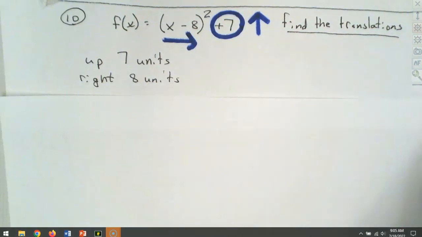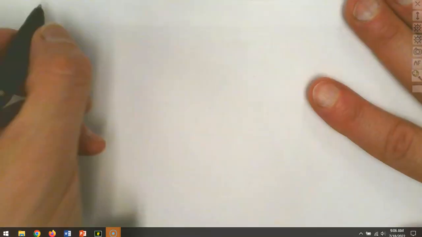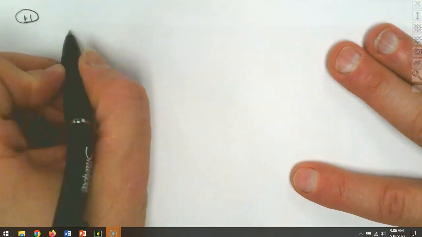The next two that we're going to look at are the greatest integer functions. And these are the only ones that can be a little bit tricky. So we're going to graph now on question 11.